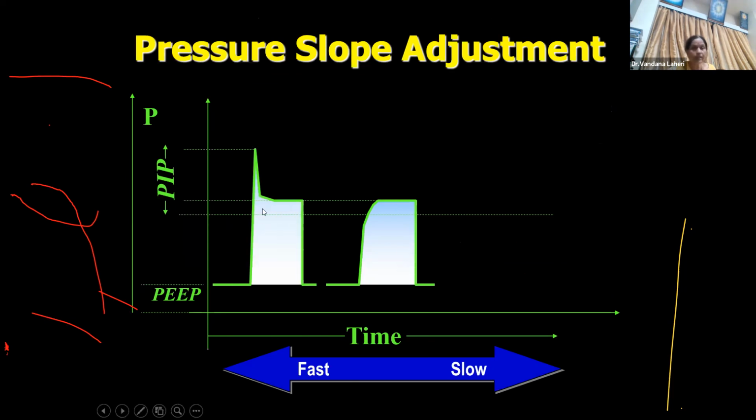If your pressure looks like this, that means your pressures are high. Either the flow is high, which is giving you this peak. If the flow is less, it will give you this. So with pressure slope adjustment, basically what you adjust is the flow, that is, at what rate the pressure should rise. So this is how you have to look for this kind of graph.